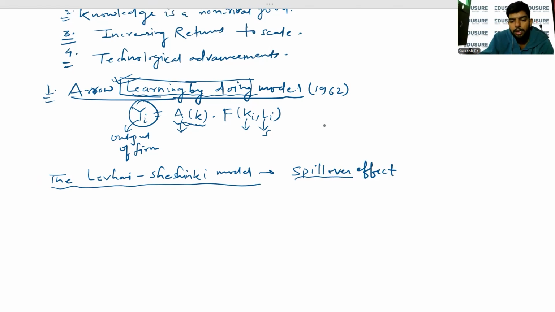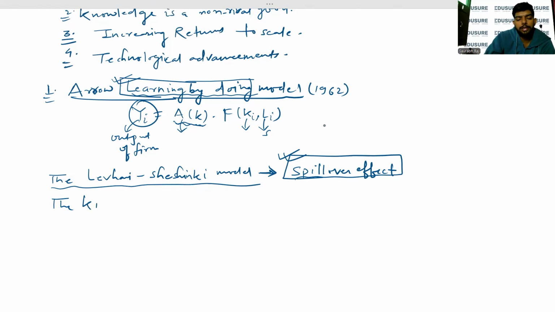Spillover effect in the sense that, let's say you acquire some knowledge. This will be beneficial for society. So your knowledge contributes, or spills over, to the whole society. This is called the spillover effect. And why this spillover effect? Because we have assumed knowledge is a non-rival good. Means if you are acquiring knowledge, it will not be confined to you only. There will be a positive spillover effect of your knowledge.